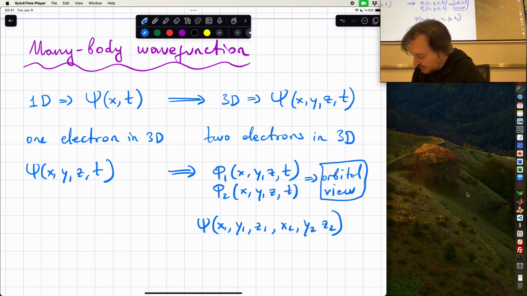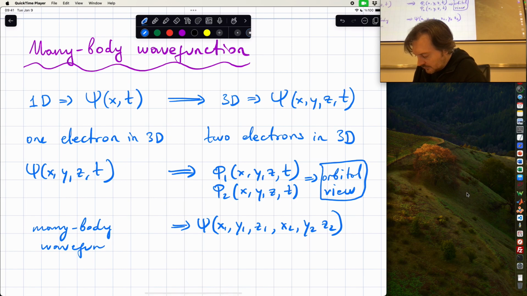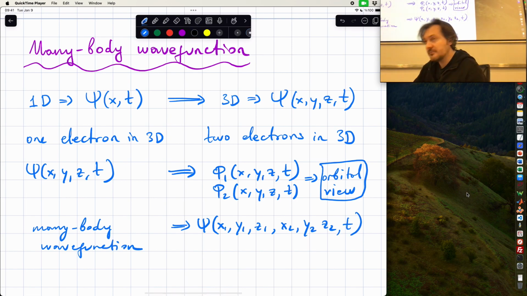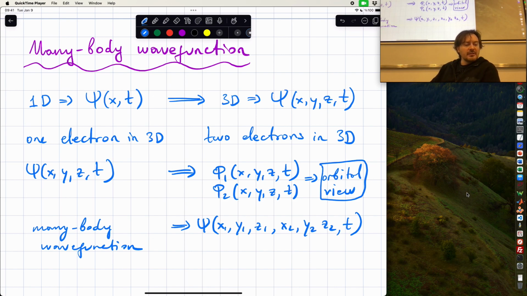That's the right way to go. This is the many-body wave function. There is t, sorry. Okay? So what? What is the difference? It seems like there is no difference at all.